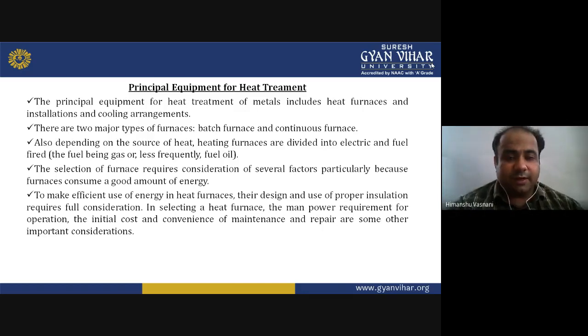In selecting a furnace, the manpower requirement for operation, the initial cost, and the convenience of maintenance and repair are some of the important considerations.